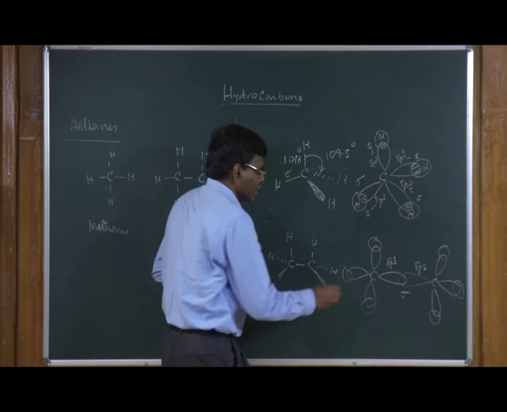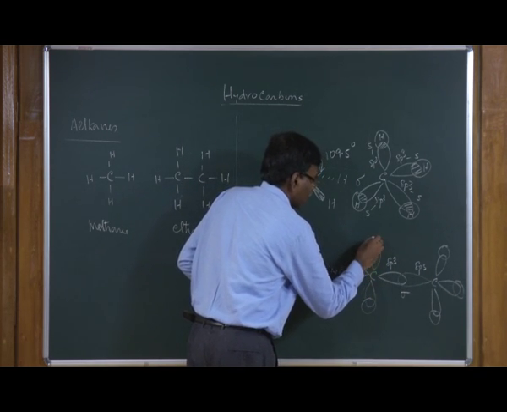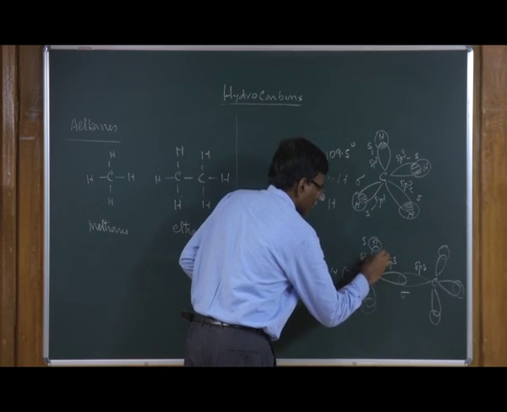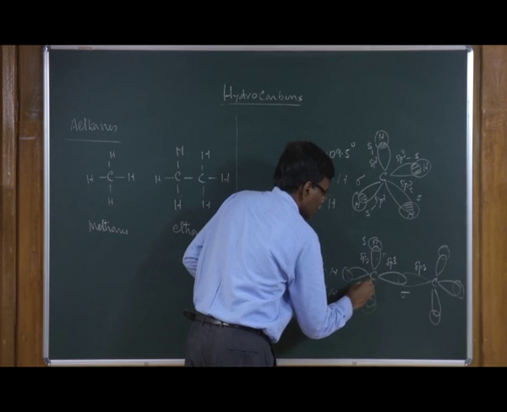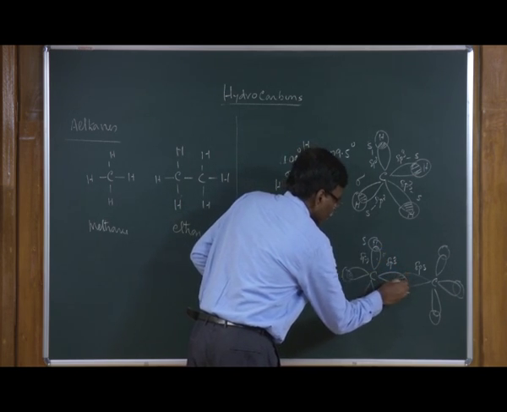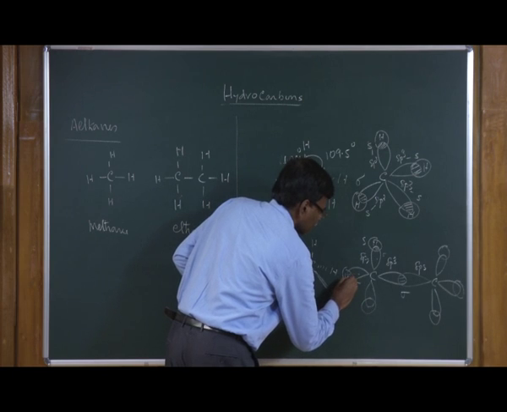In addition to that, one of the sp3 hybrid orbitals of this carbon overlaps with the hydrogen s orbital, making another sigma bond. Similarly, overlapping of this sp3 hybridized orbital of carbon with this hydrogen makes another sigma bond.